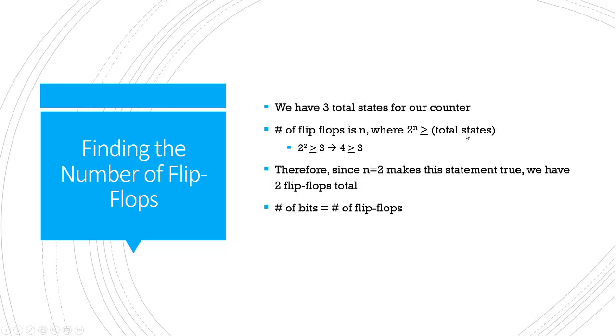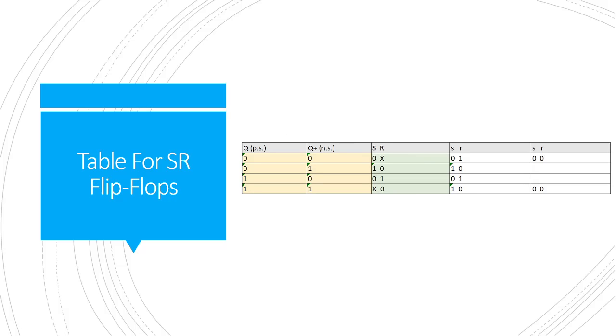So n is going to be the number of flip-flops that we have. We can see that 2 satisfies this equation, and it has to be the smallest number n, which means that we'll be dealing with 2 flip-flops. Either way works. Now, what we can do here is look at the SR table here.